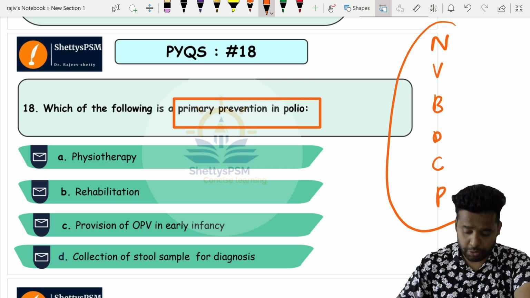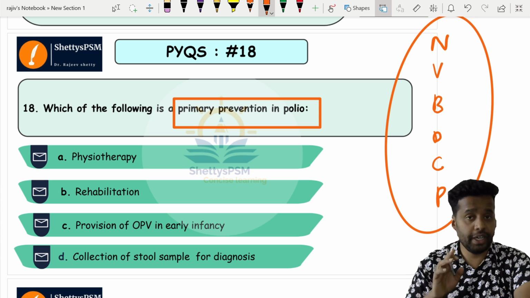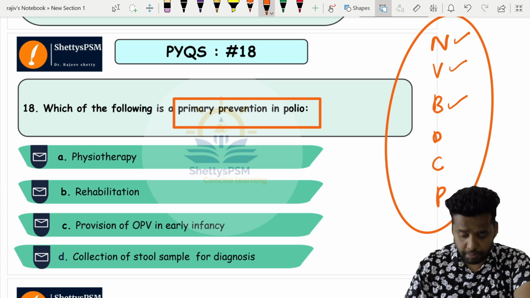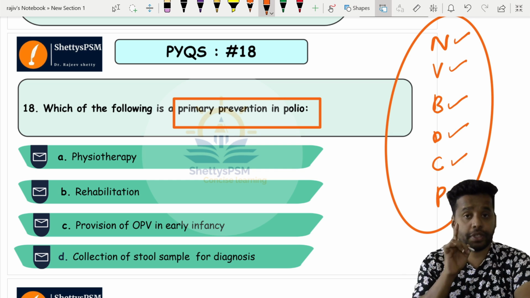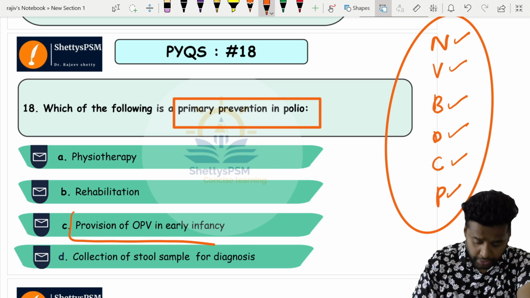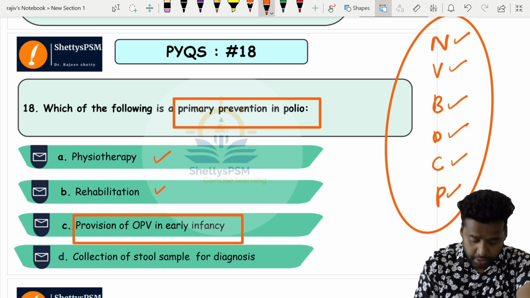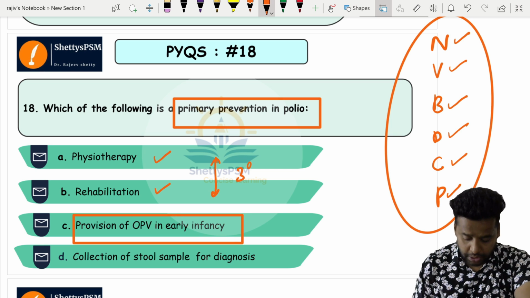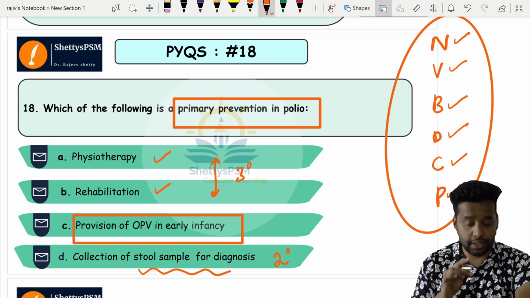We have discussed a mnemonic in your classes, specific protection under primary level, NVBDCP: nutritional supplementation, vaccination, bed nets, defluoridation, condoms or chemoprophylaxis, personal protection. Answer is vaccine in early infancy. Physiotherapy, rehabilitation, all this will go in tertiary level. Collection of stool sample for diagnosis will go in secondary level.